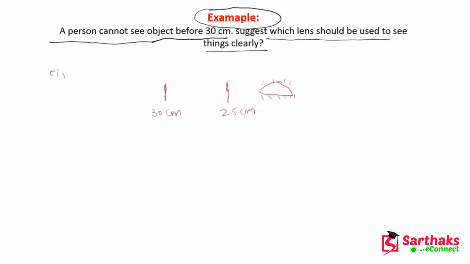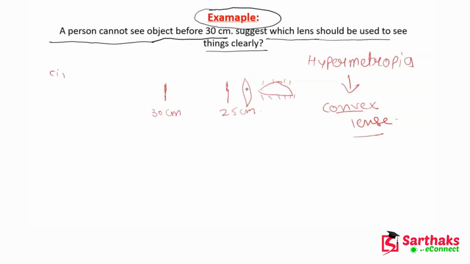So how can we correct this defect of vision? We know that hypermetropia is corrected by the use of a convex lens. But let's suppose we don't know which type of lens is used. We will simply place a convex lens before this eye.